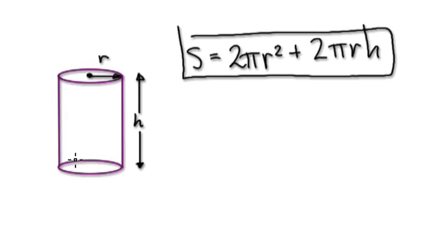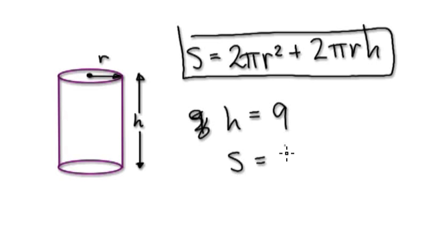But now suppose I'm trying to create a cylinder which has a height of h equals 9, and a surface area of 400 pi.